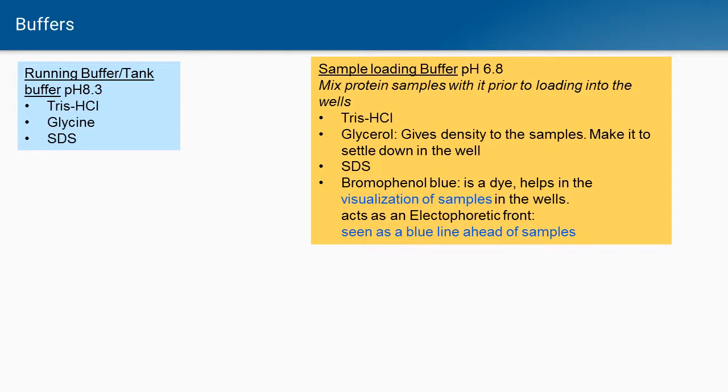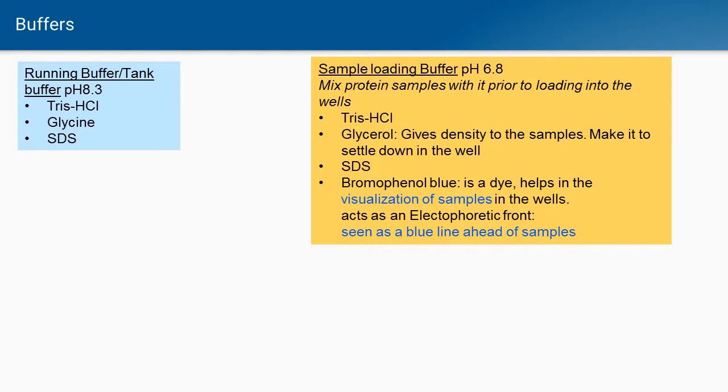Glycerol gives density to the samples and makes the samples settle down in the well. So whenever we are putting our samples into the well, they do not flow out of the well, they settle down into the well because of this glycerol. Then SDS role I have already discussed. It gives uniform negative charge to the proteins because binding of SDS to protein is constant, which is 1.4 gram.